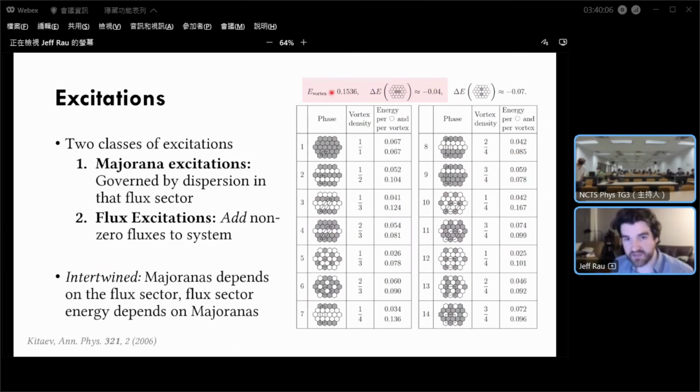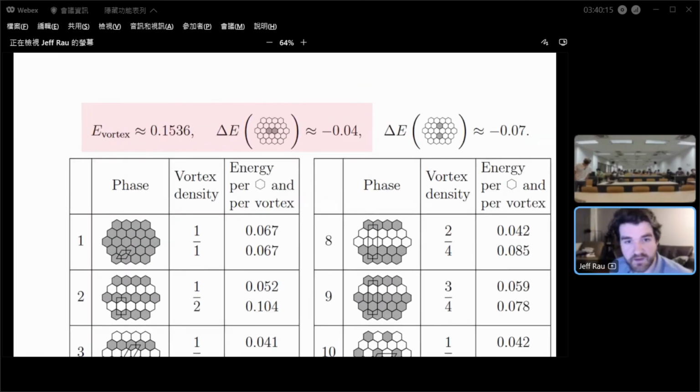If I bring them closer together, say nearest neighbors, they have a bit of a lower energy, right? So there's a bit of a dispersion in some sense in that flux excitations can have different energies, but one shouldn't think of them as being dispersive or coherent or anything like that. So they occupy a little bit of a band just because they're a little bit attracted to each other in a classical way, but they're not dispersive like a particle's dispersive.